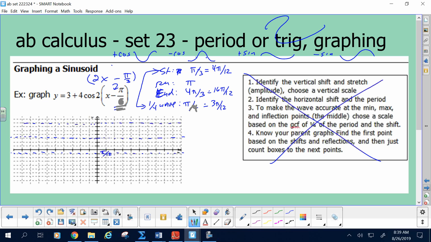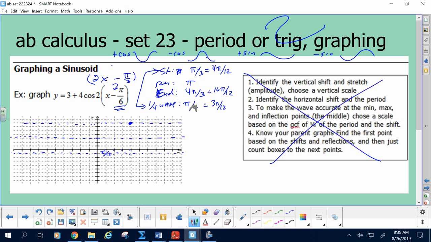Okay, so let's find that starting point. The starting point is 1, 2, 3, 4 pi over 12s. And is that starting point a minimum, a middle, or a max? Based on positive cosine shape, it's a max. So we should have a max at 4 pi over 12. 1, 2, 3, 4, a max.